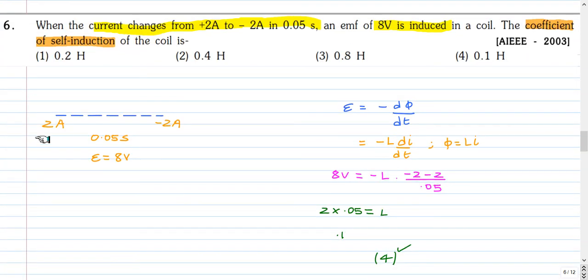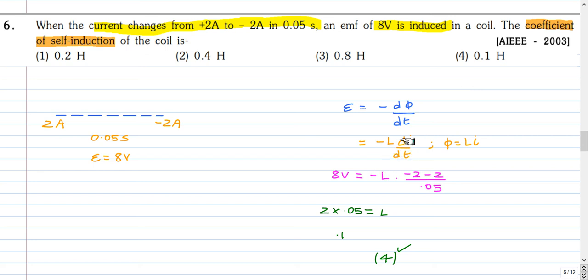So the current changes from 2 amps to minus 2 amps in 0.05 seconds, and that produces an induced EMF of 8 volts. According to Faraday's law of electromagnetic induction, the induced EMF is minus d phi by dt, where phi is the flux linking the coil, and the flux linking the coil is given as L into I, where L is self-inductance and I is the current flowing. The self-inductance does not change with time, it's the property of the coil.